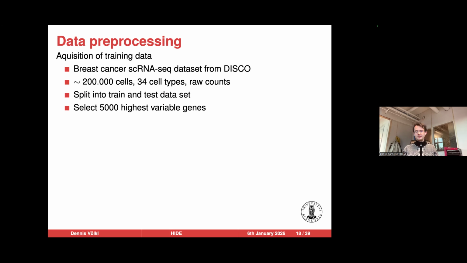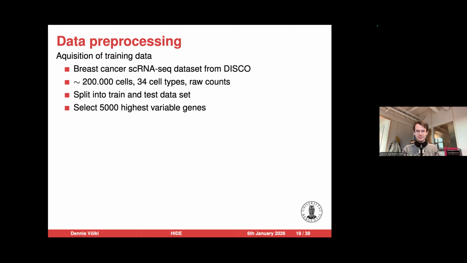Then, to benchmark our own algorithm, we split the data into training and test data before doing any further processing. The test data set is then put aside and not used for any training of the model, only for evaluation of the algorithm. And as the data consists of roughly 20,000 genes, we need to reduce this to lower the computational burden.